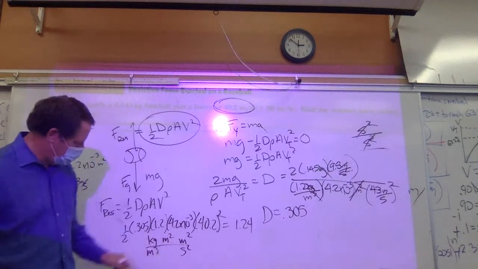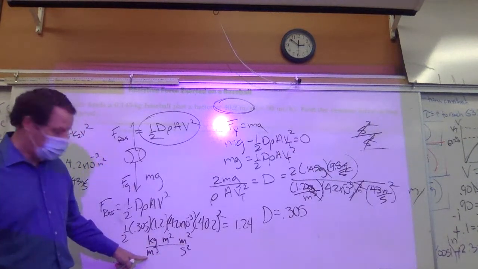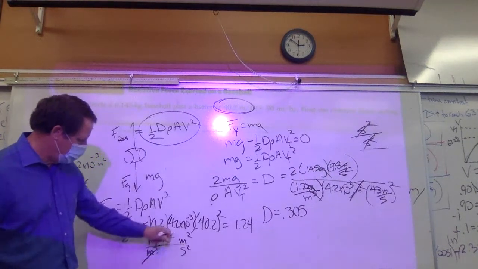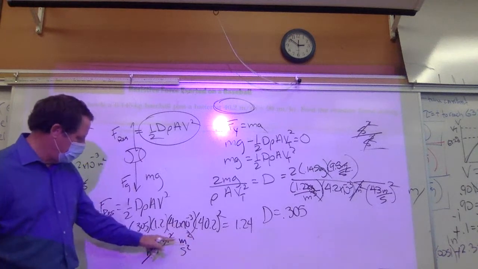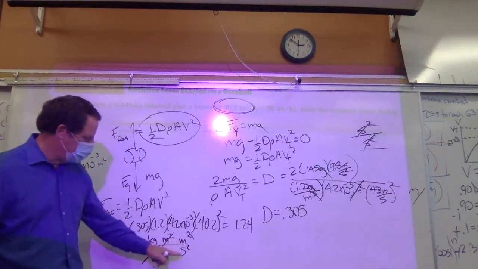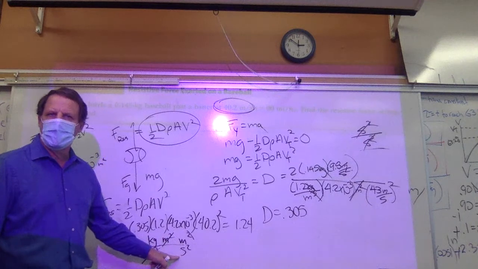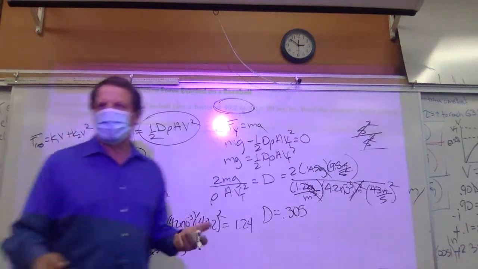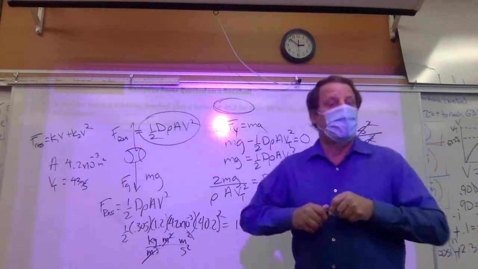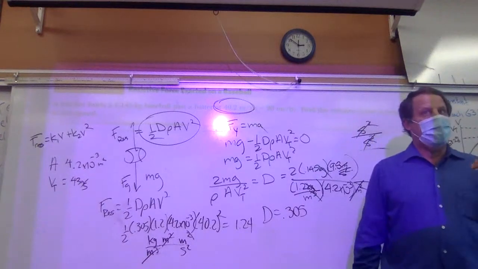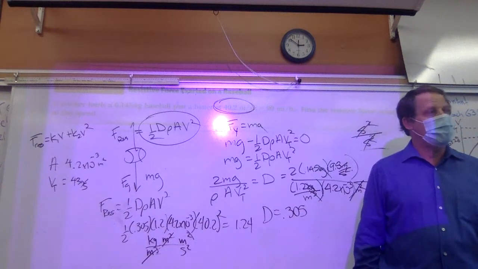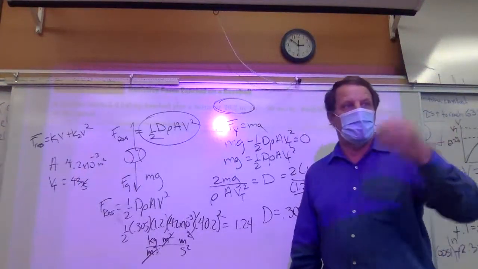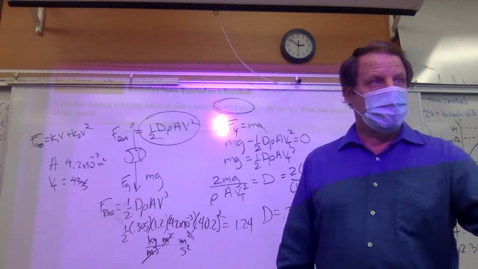So this is meters to the fourth divided by meters cubed, which would be everything but meters. And now we're going to have kilogram meters per second squared. What should our units be if we're asking for the force? What is the resistive force? What should our units be?